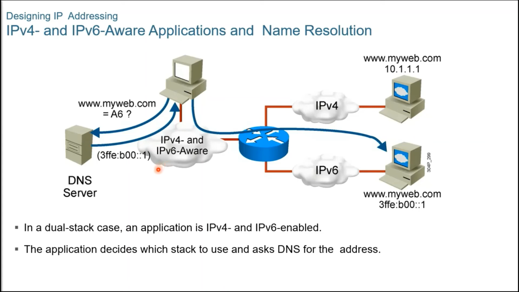As shown in the figure here, an IPv6 and IPv4 enabled application chooses which stack to use. The typical default is IPv6, and it asks the DNS server for the destination host's address. In this example, it requests the host's IPv6 address. Okay. After receiving the response from the DNS server, the application asks the source host to connect to the destination host using IPv6.